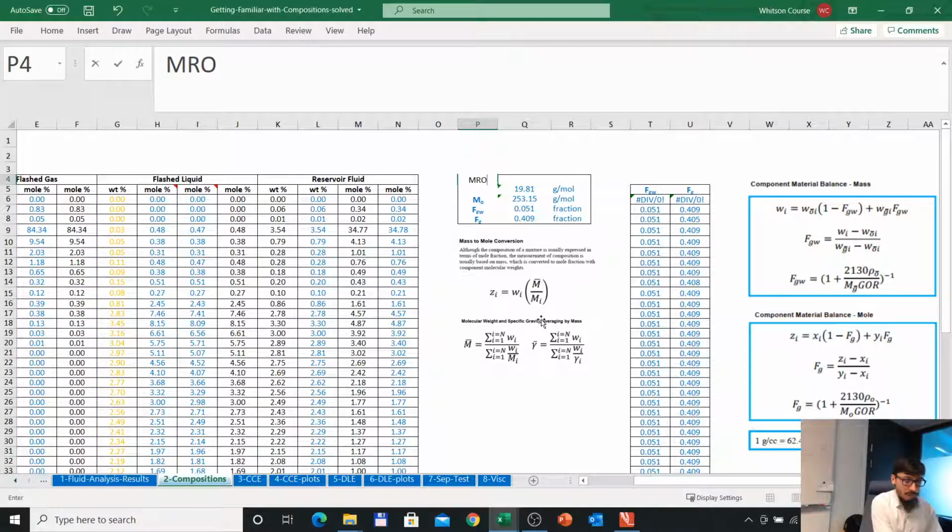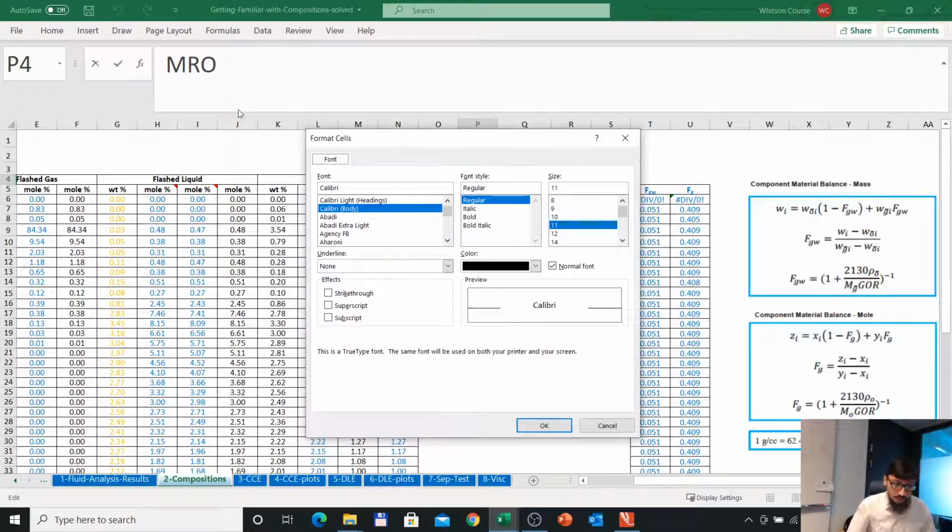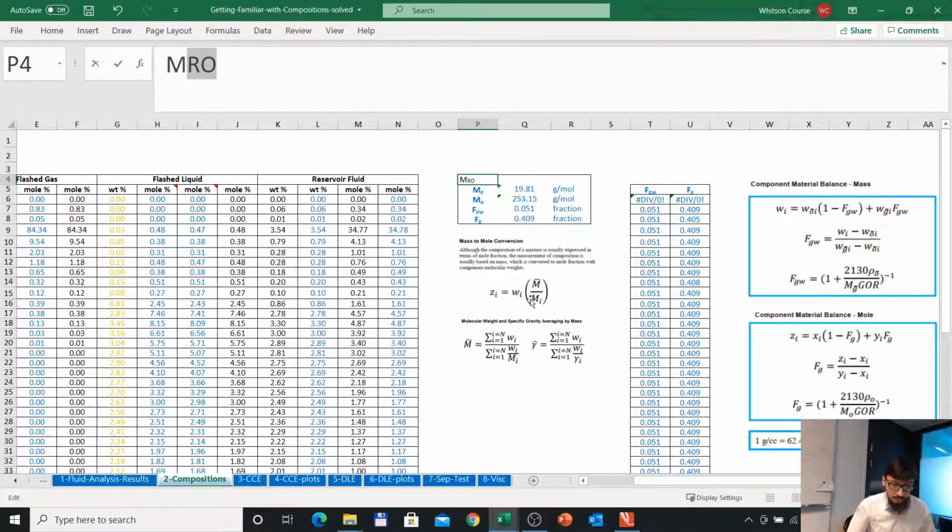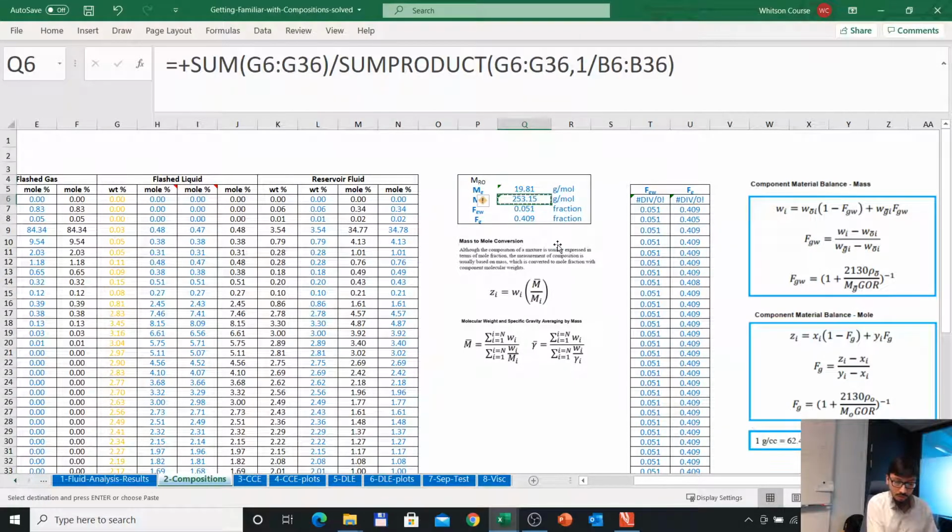I can say MRO, that's the molecular weight of the reservoir oil. Then what we can try to do is apply the same formula here, just adjusted accordingly.